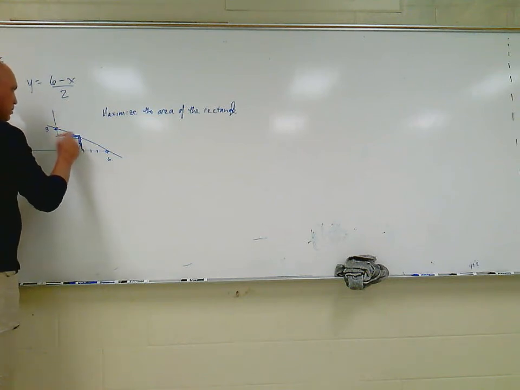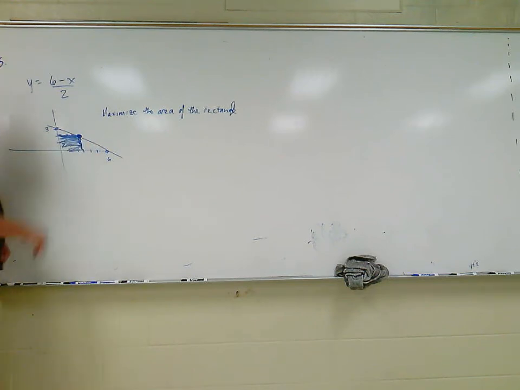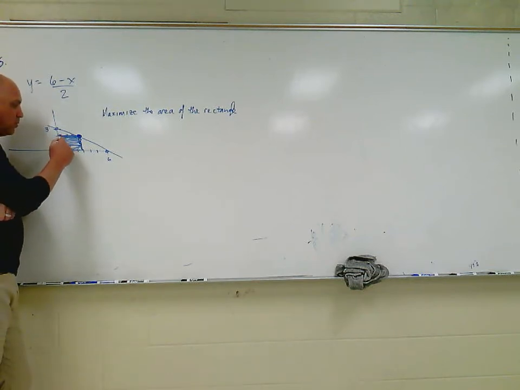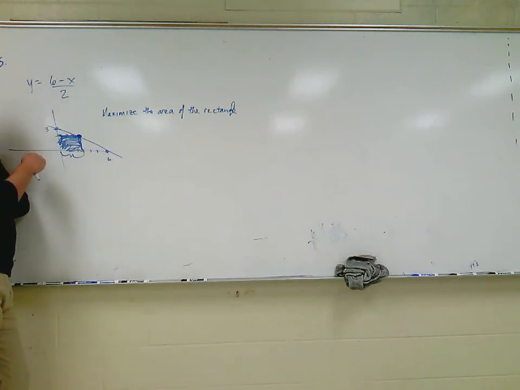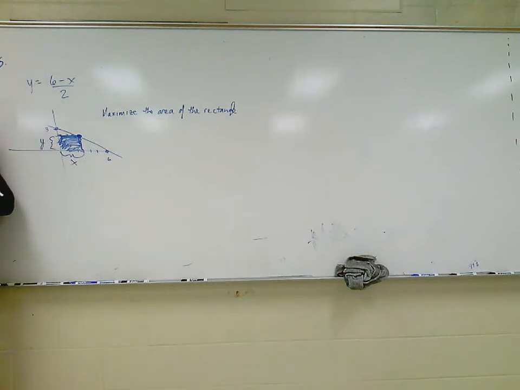We don't know where it hits, right? We can see the further right we go, and so this top corner has to touch the line, not go past it, right? So I don't know the dimension, so I'm going to call this dimension X. I'm going to call this dimension Y.